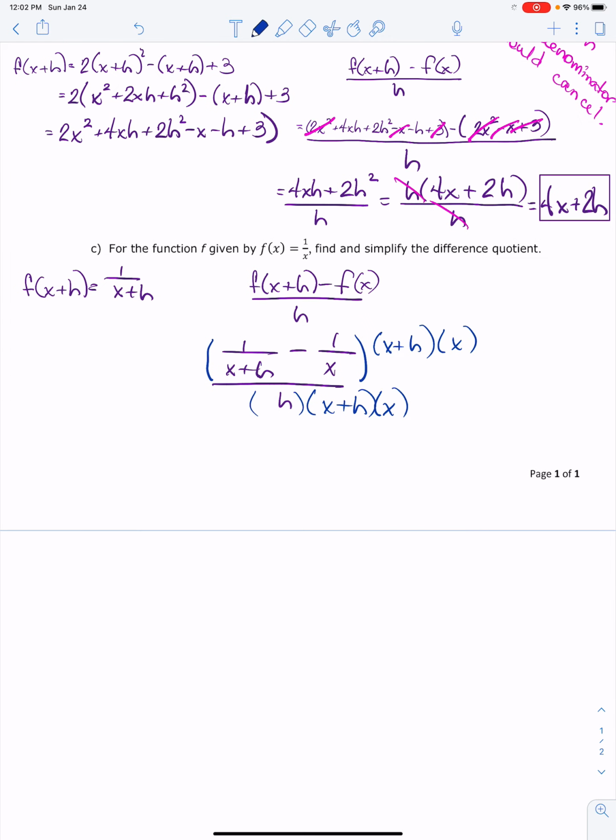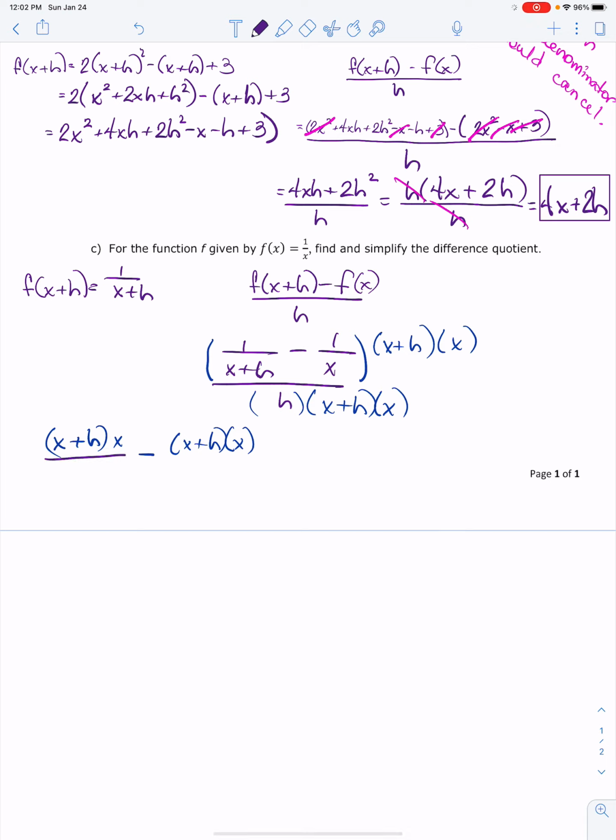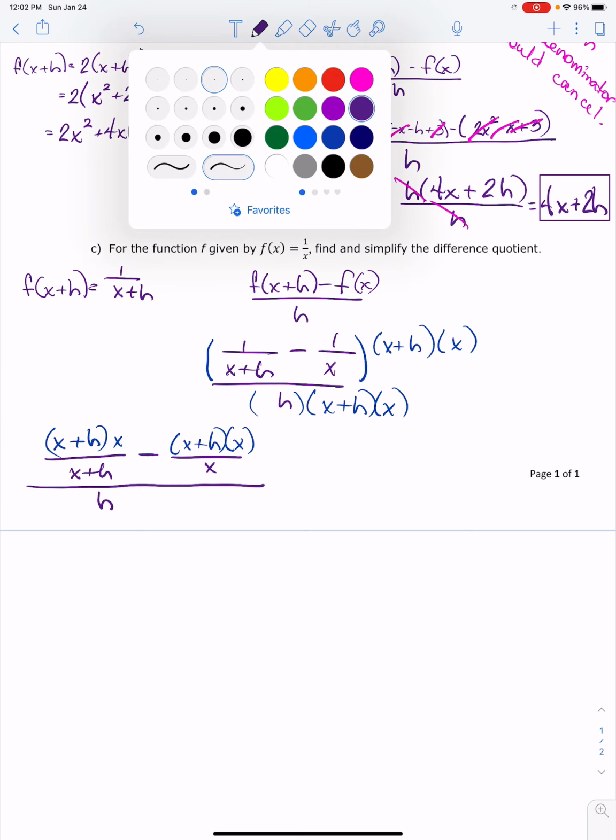And then I'm going to go ahead and write everything out so that you can see it before I start canceling. x plus h. You notice I'm not multiplying anything out. Because the point of this was to be able to cancel. And I want to be able to do that.